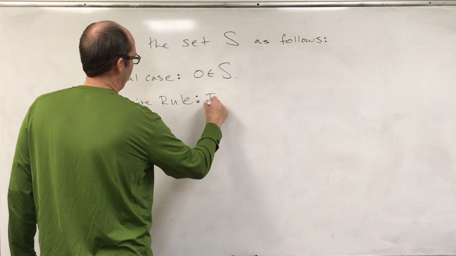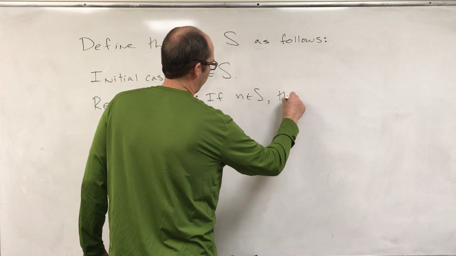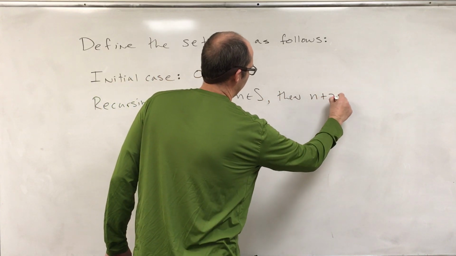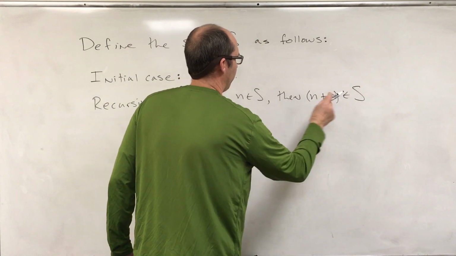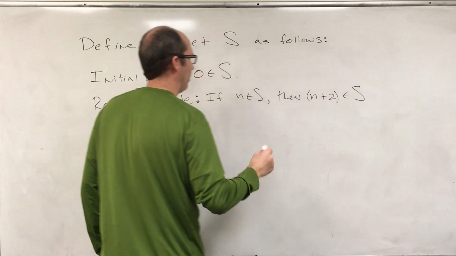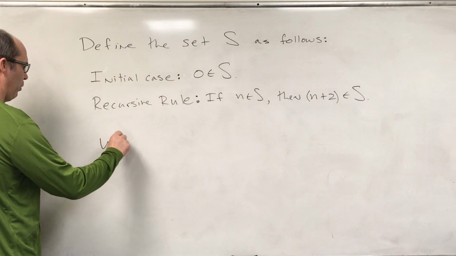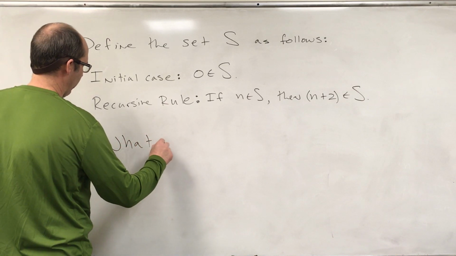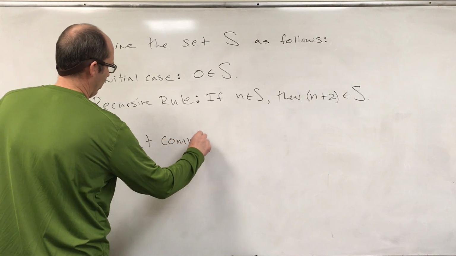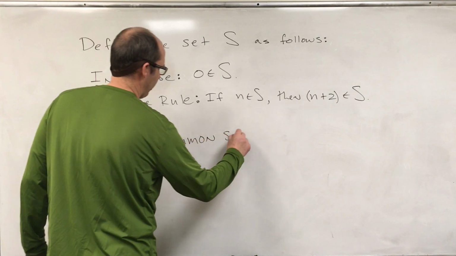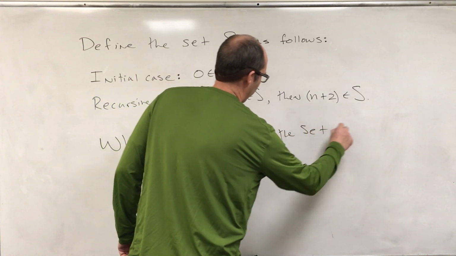If n is in S, then n plus 2 is in S. You think of it as one whole piece being in S. So the question now is, what common set is the set S?